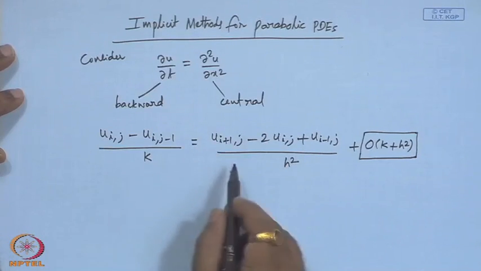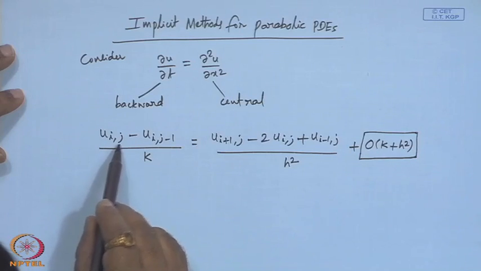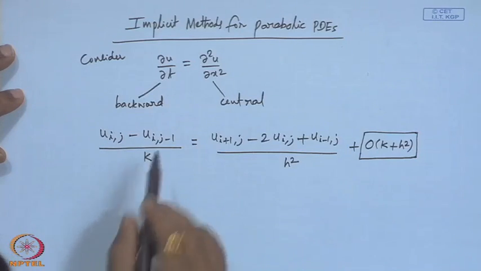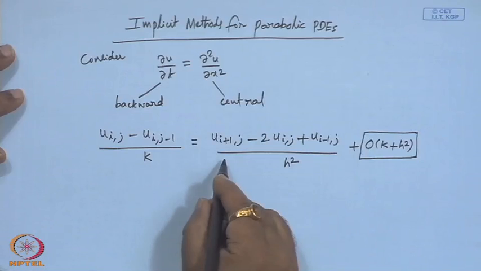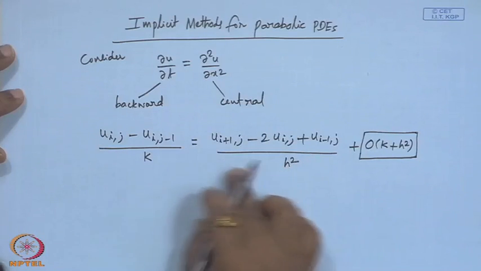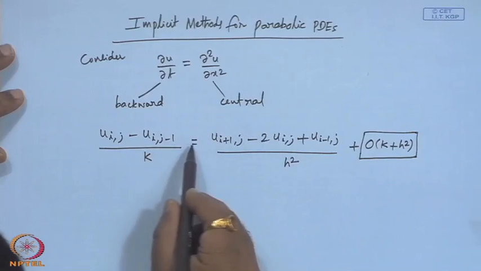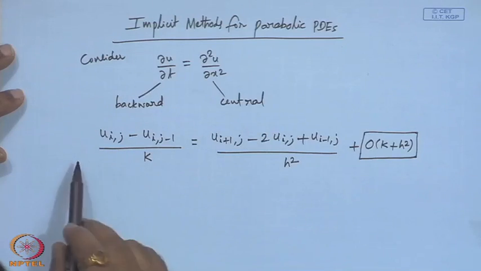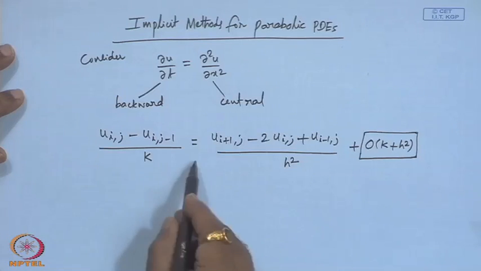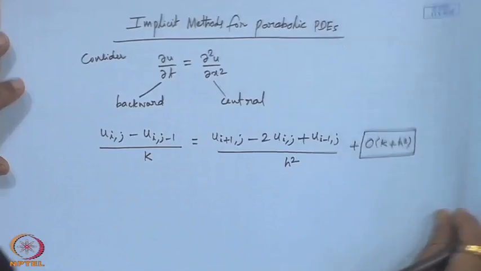Even though we have written j minus 1 here, for convenience let us write down the same formula at j plus 1, because this formula contains j and j minus 1, but it is a general notion that we represent using j plus 1 and j. So, let us write down this at level j plus 1.